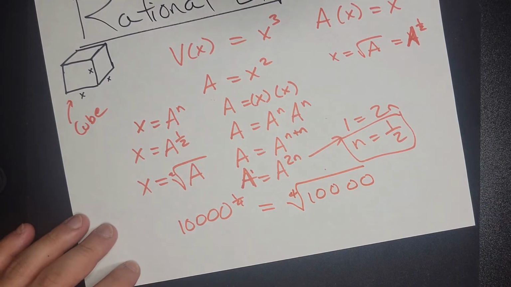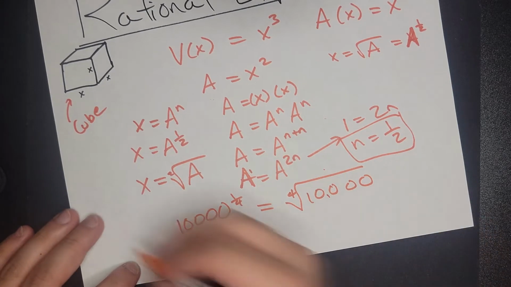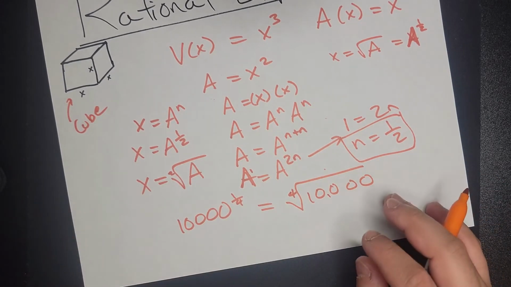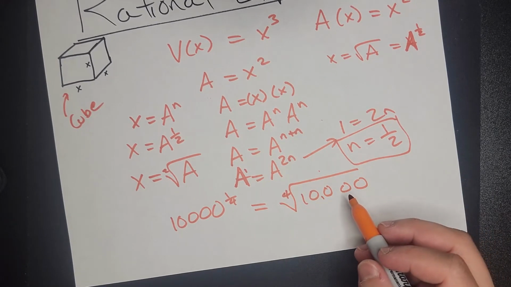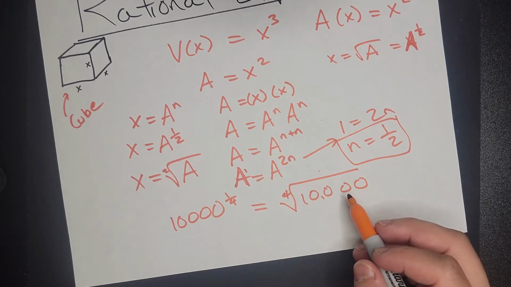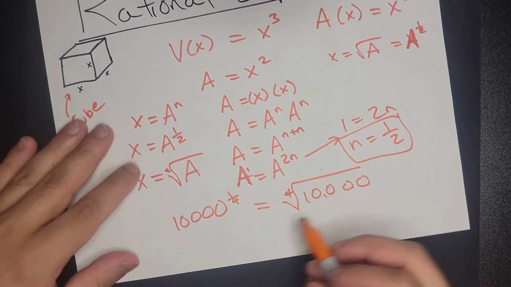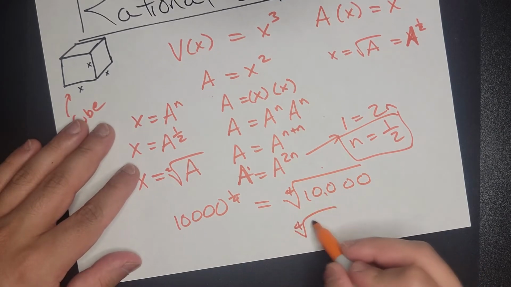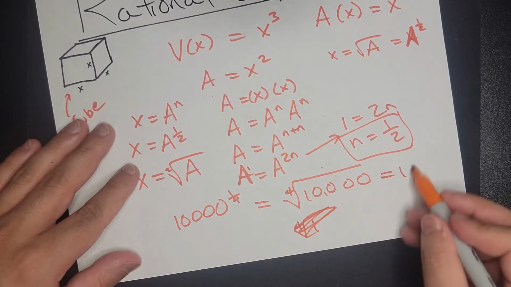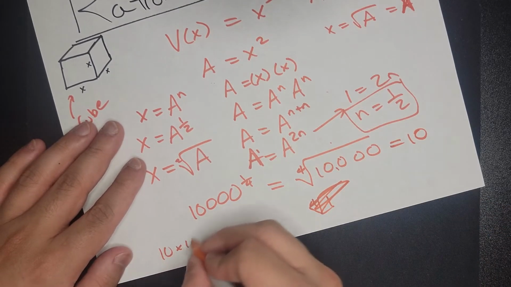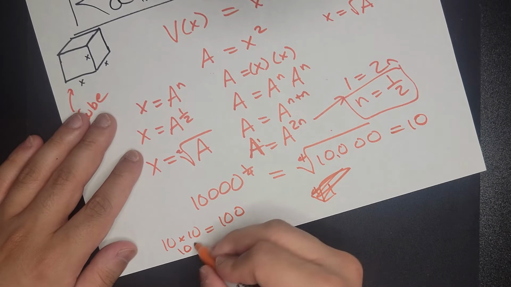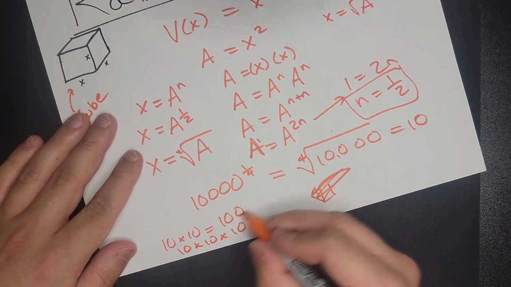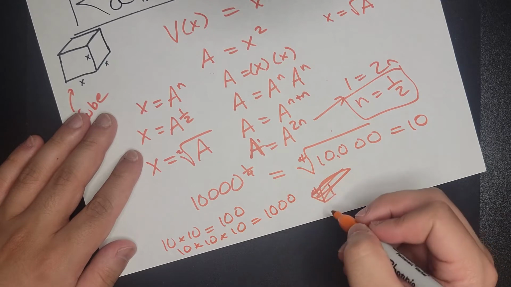And so, basically, do I have a number that'll multiply itself 4 times and give me 10,000? So, let's look at this. I believe it's 10. 10 times 10 gives me 100. 10 times 10 times 10 will give me 1,000. And then another 10.